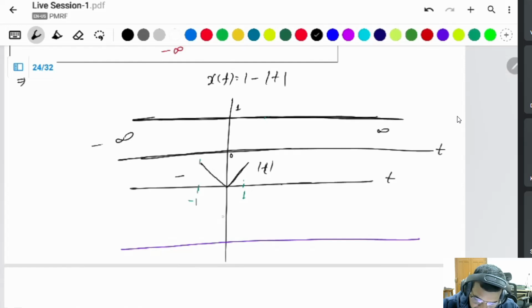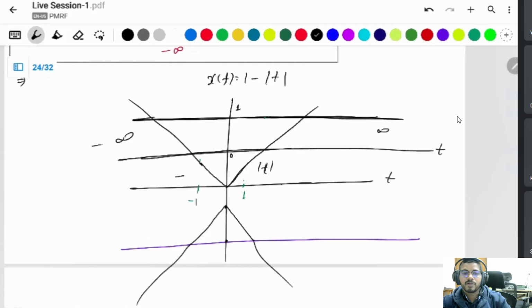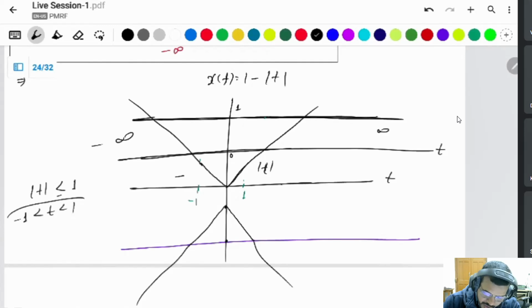At this point, this becomes 1 minus 0 is 1, and it goes like that. After that, this will be 0. Because there is a limitation given in the question, mod t should be less than or equal to 1, it will be from minus 1 to 1 only.